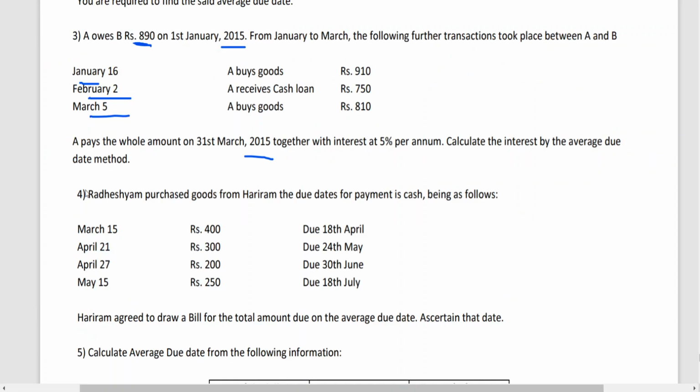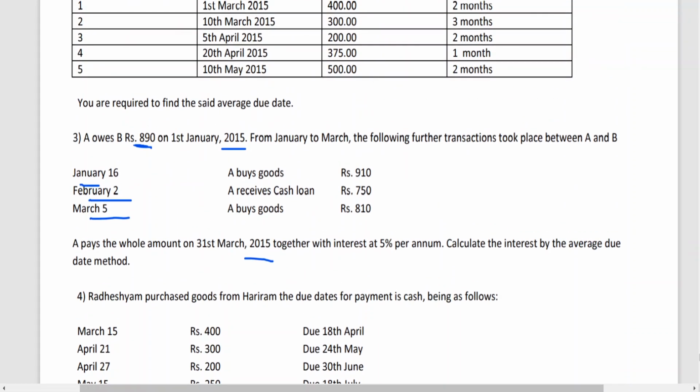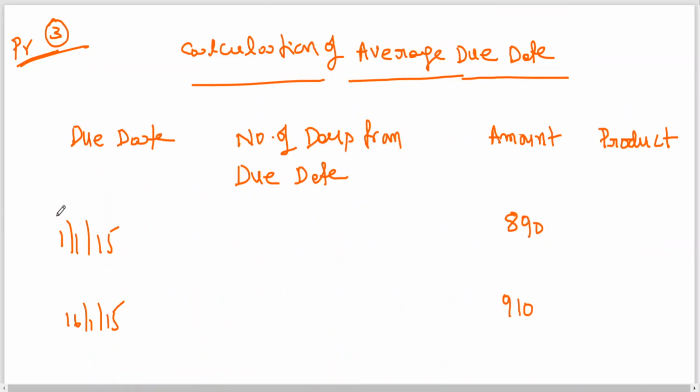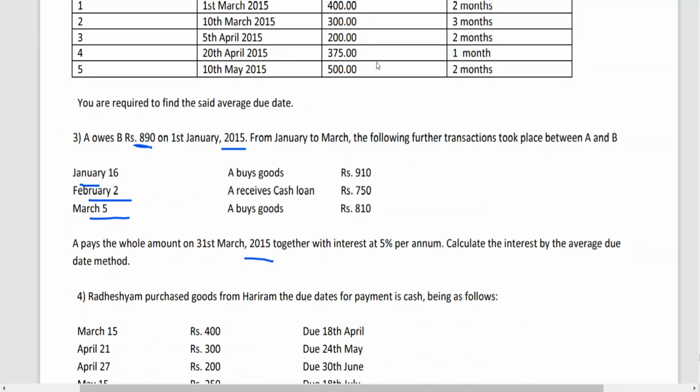Then the next date, February 2nd, 750 rupees. Last one, March 5th, 810.